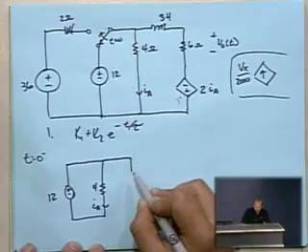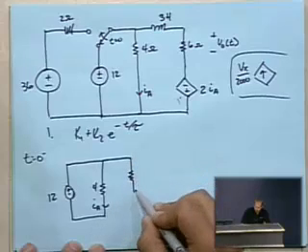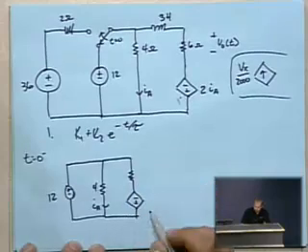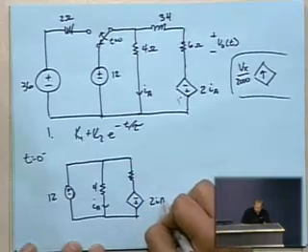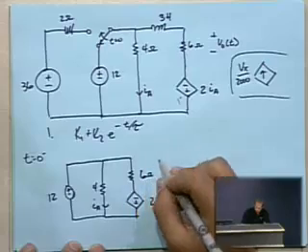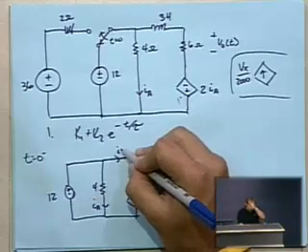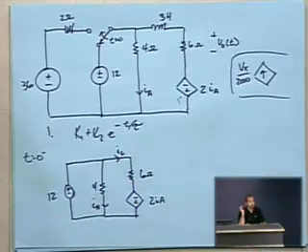We have a 6 ohm resistor here and the dependent voltage source here. The thing that we want to solve for is I sub L. That's not a terribly bad circuit to solve for.